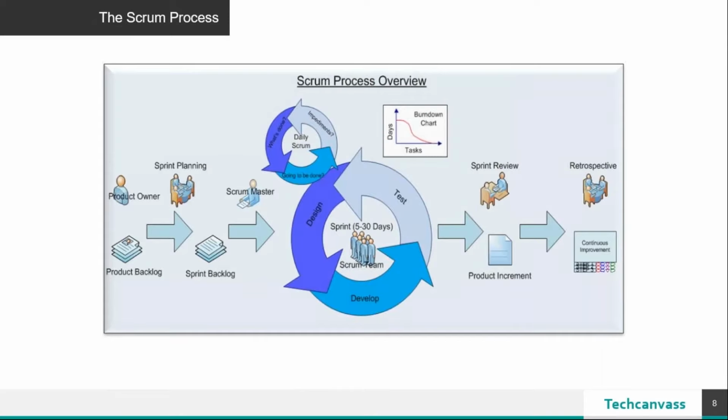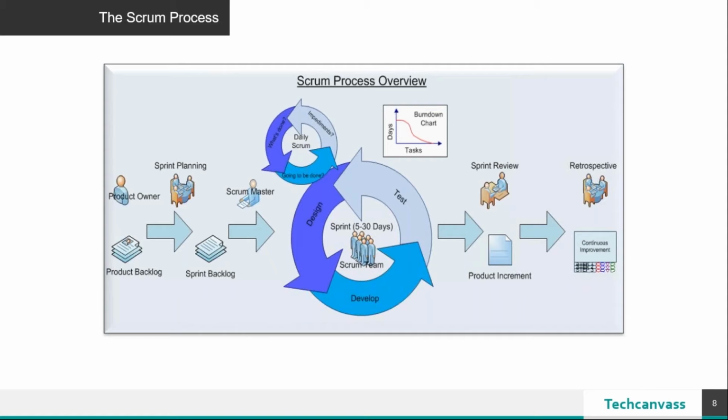Now, this is a typical Scrum process, wherein, if in Agile you are following the Scrum methodology, this is just an overview of Scrum. If you see from the left side of the screen, you have the product backlog. A product owner usually maintains the product backlog. We'll talk about the product owner in our upcoming slides, of course.